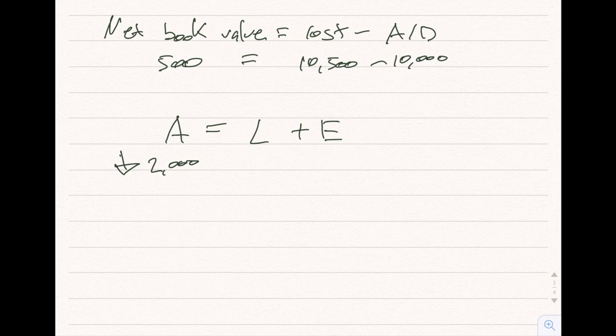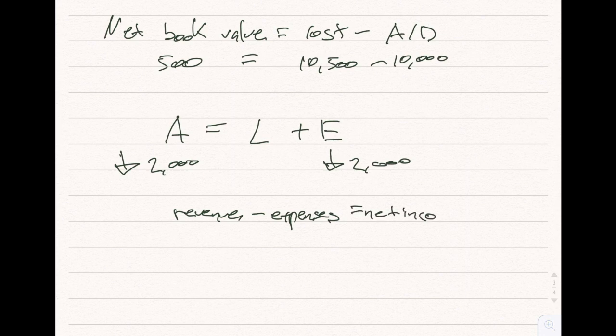Then the other side of the equation, right? It has to balance. The depreciation expense has lowered equity by 2,000. How did it do this? Well, we know that from the first video, in case you haven't seen it, revenue minus expenses equals net income. This is your formula for the income statement. If your expenses are going up, whether that's by depreciation or something else, your net income is going down, right?